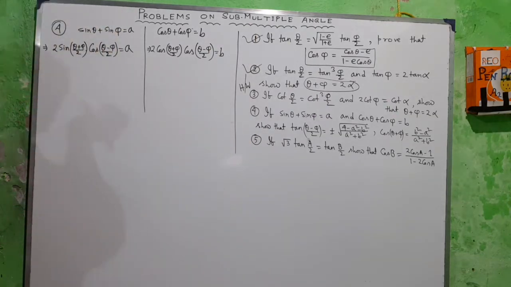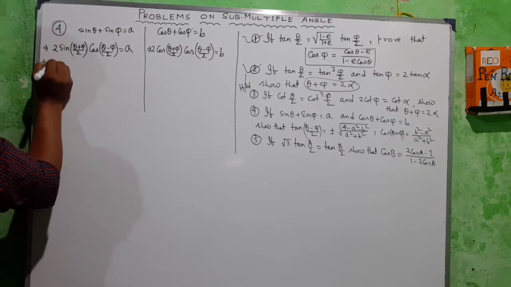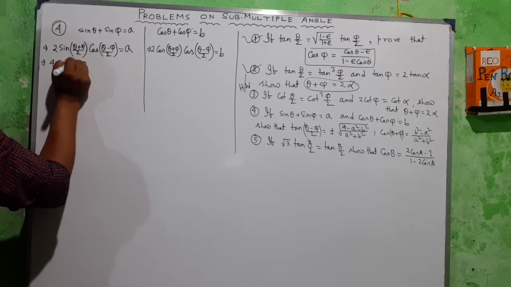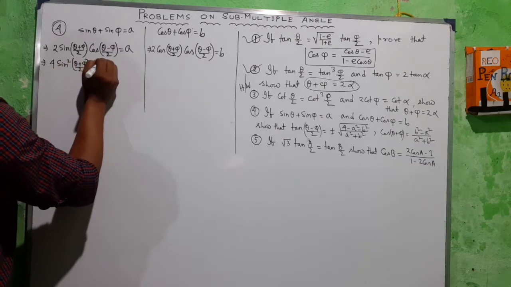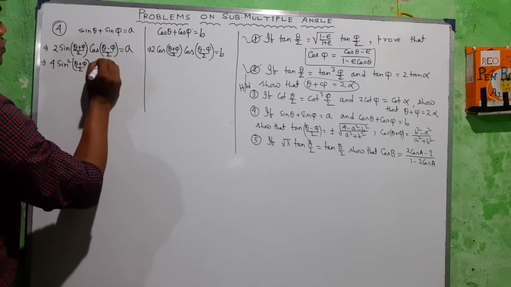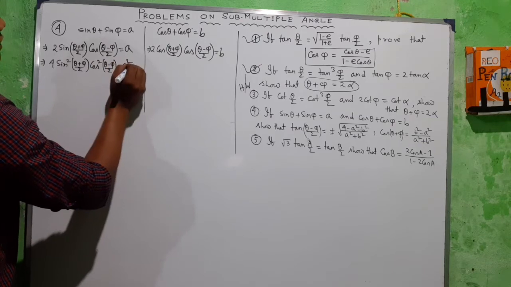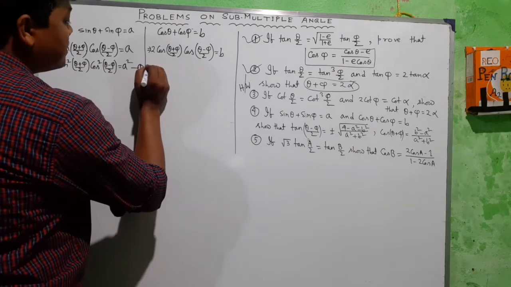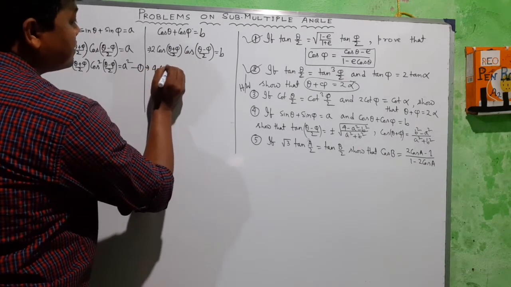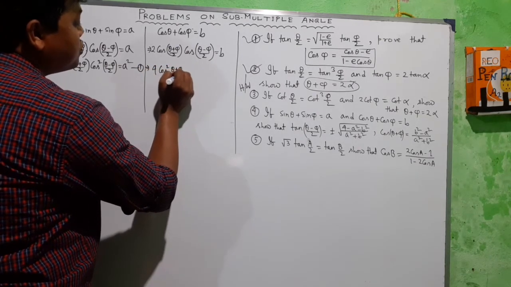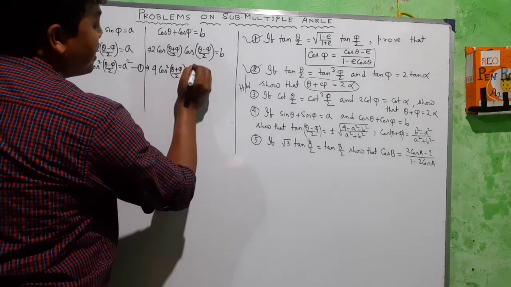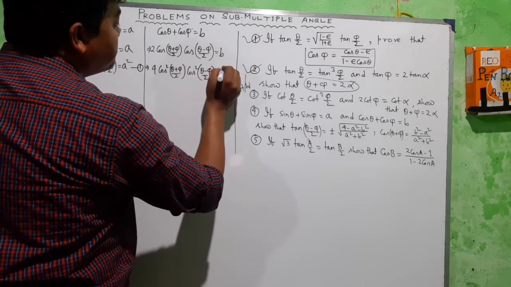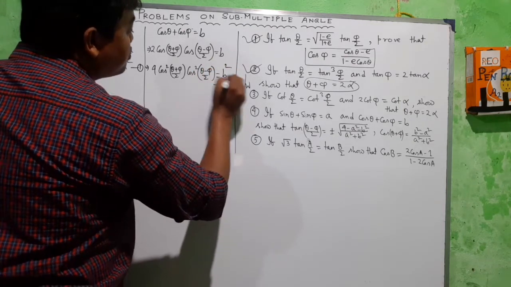Now squaring both sides, we will get 4 sin square of (theta plus phi) by 2 into cosine square of (theta minus phi) by 2 equals A square. This is equation number 1. And 4 cos square of (theta plus phi) by 2 into cos square of (theta minus phi) by 2 equals B square. This is equation number 2.